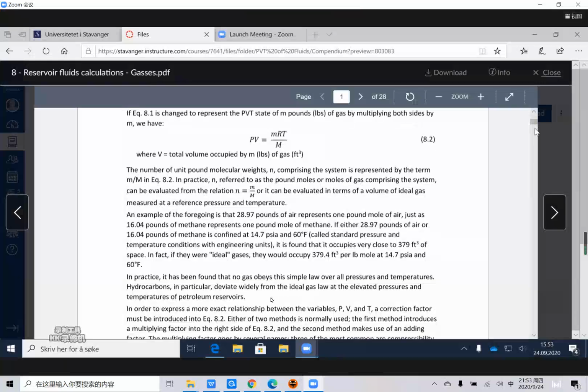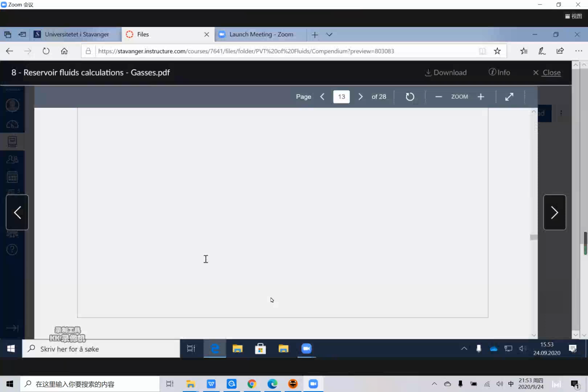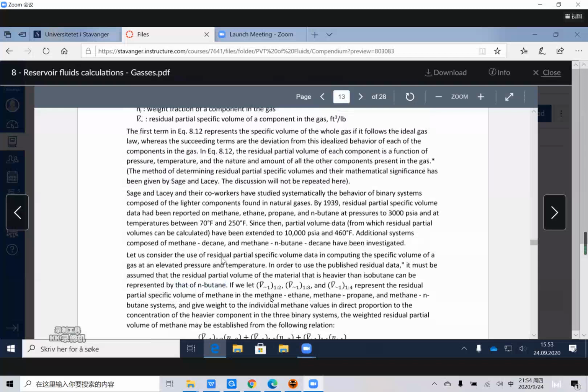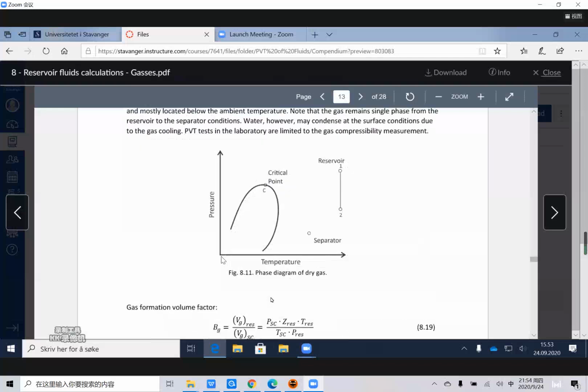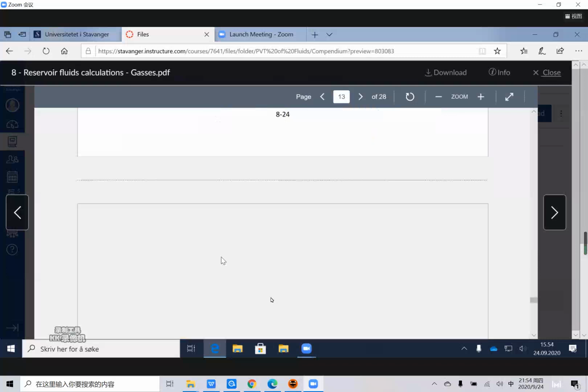So yeah, this is the compendium 8. Go to the end. That's it.